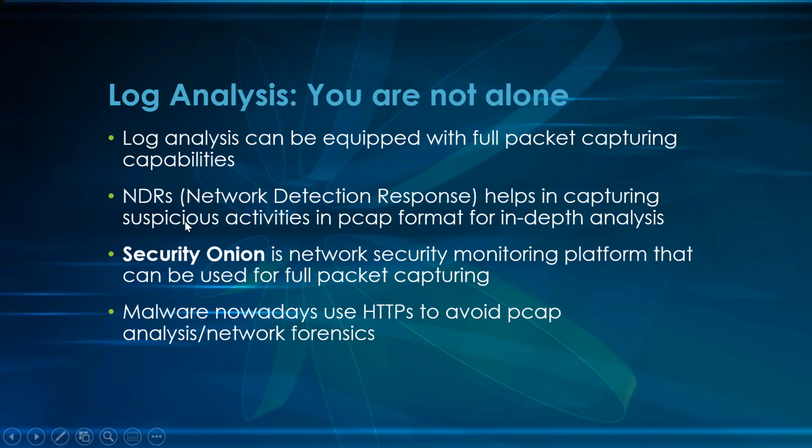So this is one thing. There's also a free VM, or a free ISO, a Linux ISO file to download. There's a Linux distribution called Security Onion, which is used for network security monitoring and includes lots of tools.